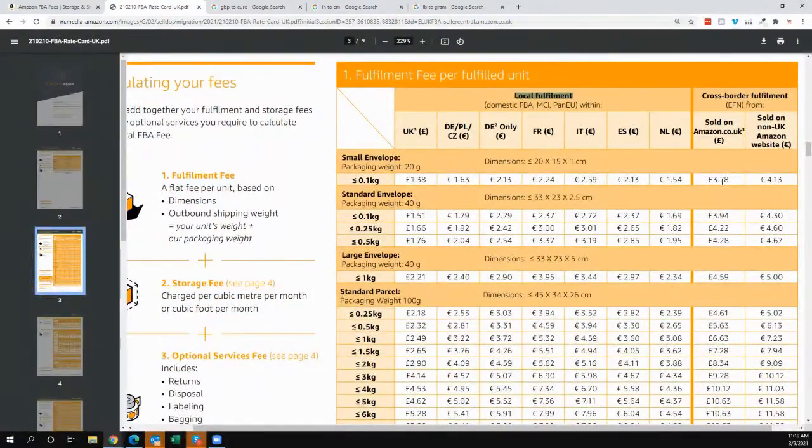I've had a handful of sales this year that are cross-border fulfillment, sold outside of the UK. But for the most part, this is what the price is going to be for local inventory. So that's what they mean by domestic FBA.